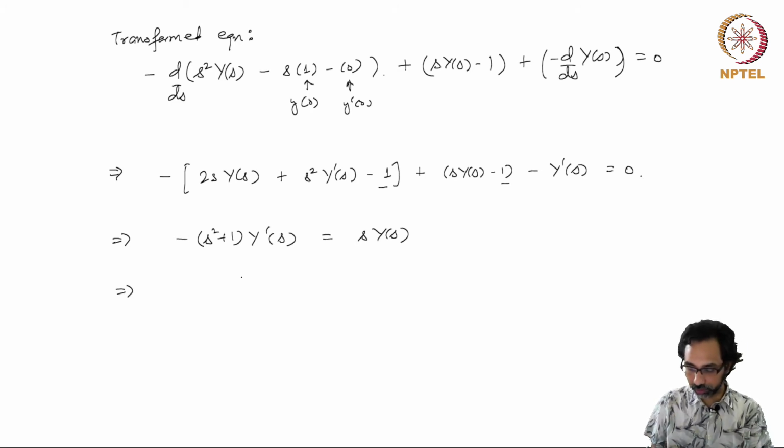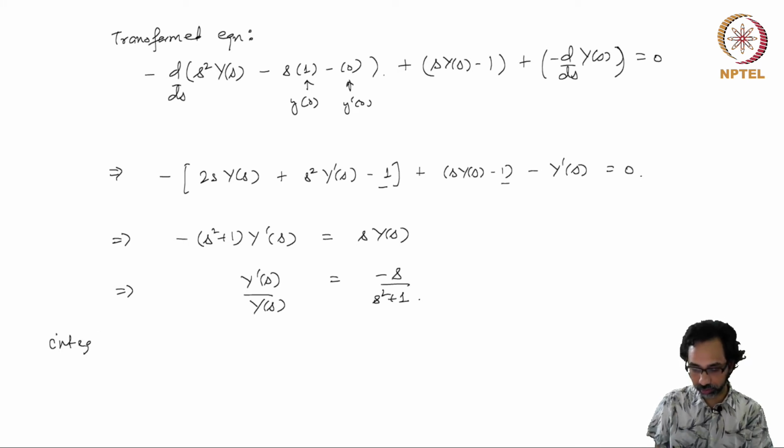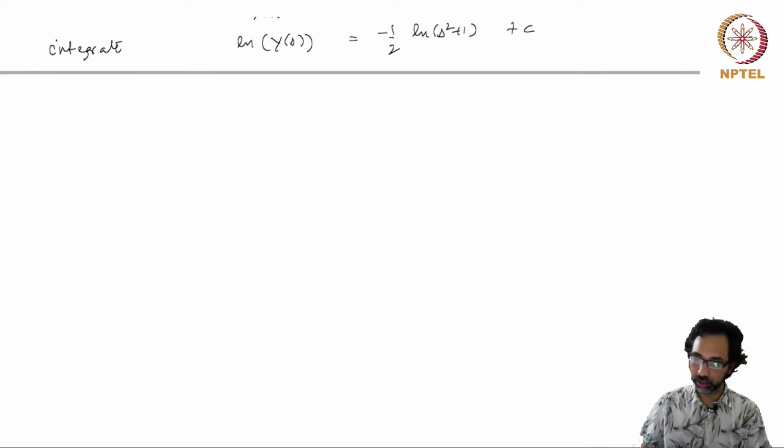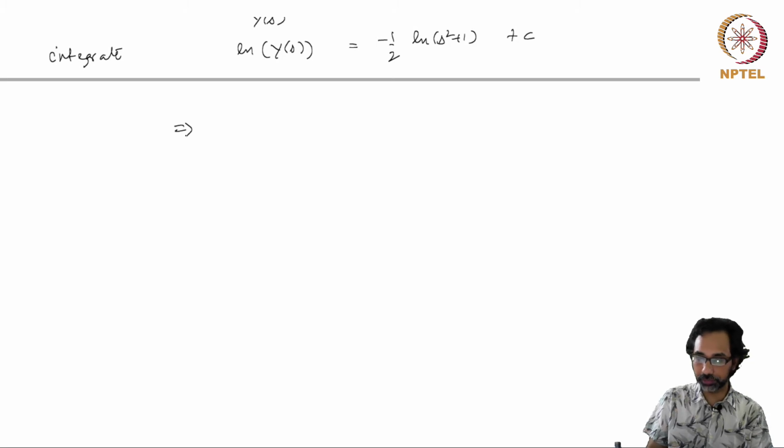So we get the differential equation Y'(s)/Y(s) = −s/(s² + 1). One can integrate on both sides to get log Y(s) on the left side, and on the right side minus half log(s² + 1) plus a constant of integration c.